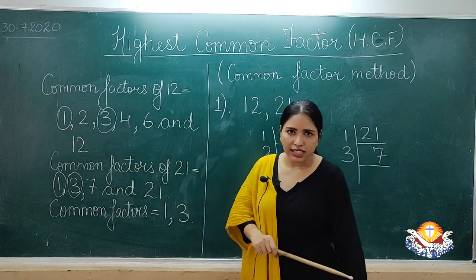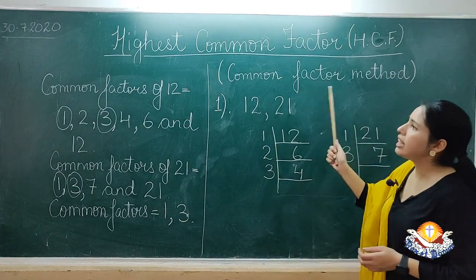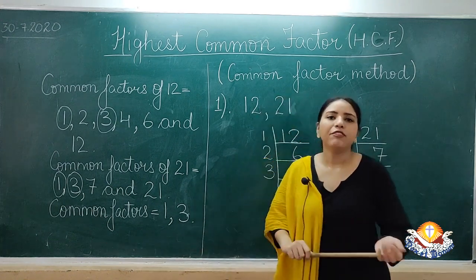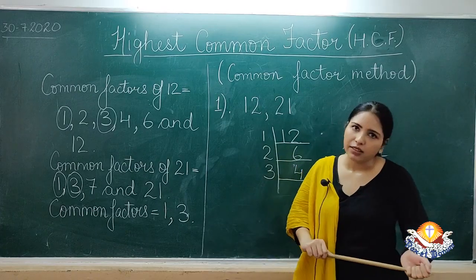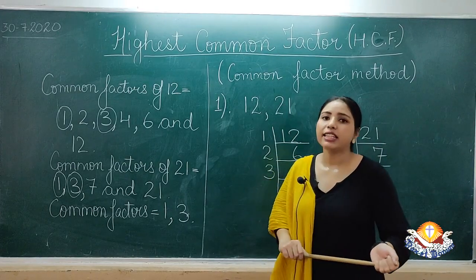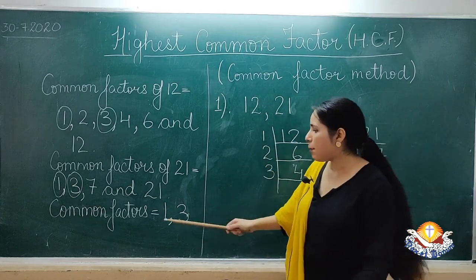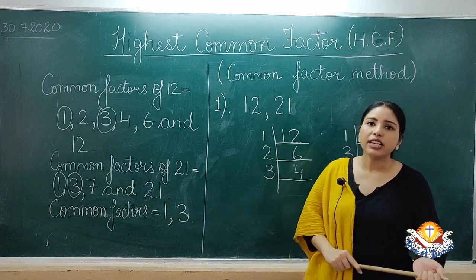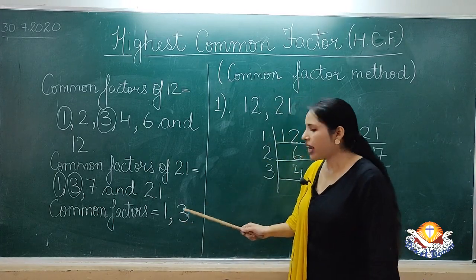Now children, this, as you can see, is the same process as we had done in the common factor sums. But the only difference in the HCF sums is the last line, in which we compute the highest common factor. Highest common factor means that it has to be the highest or the biggest number among the common factors. As you can see, we have two common factors, 1 and 3.